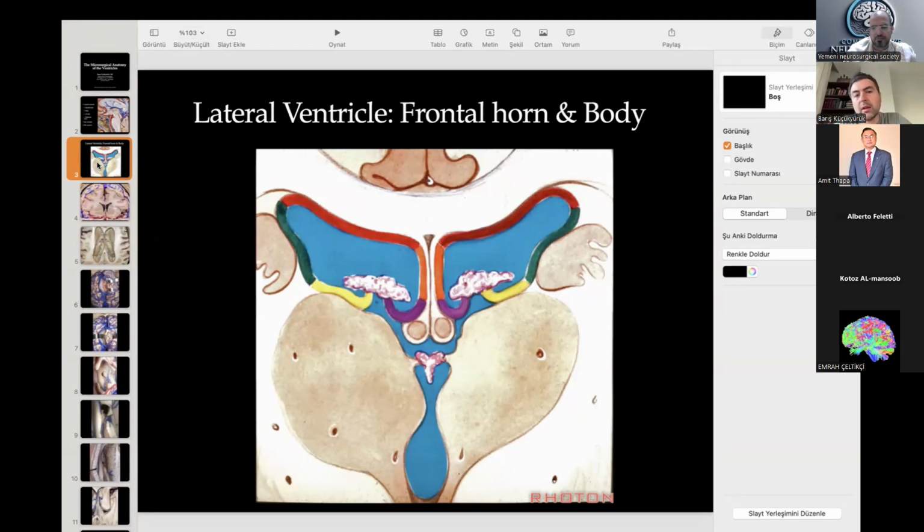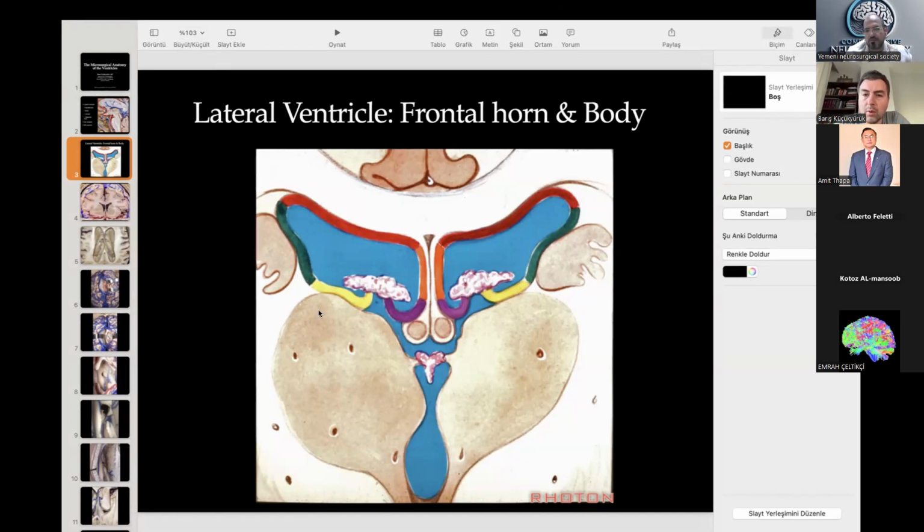Regarding the lateral ventricle and its frontal horn and the body, the foramen of Monro separates these two structures. And the corpus callosum forms the roof of both the frontal horn and the body of the lateral ventricle.